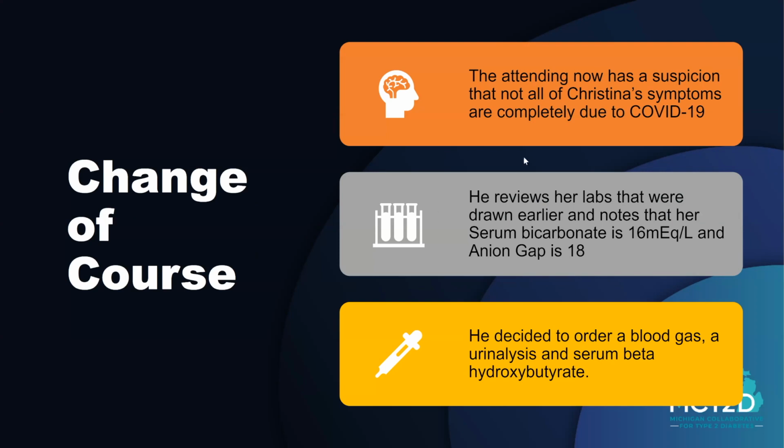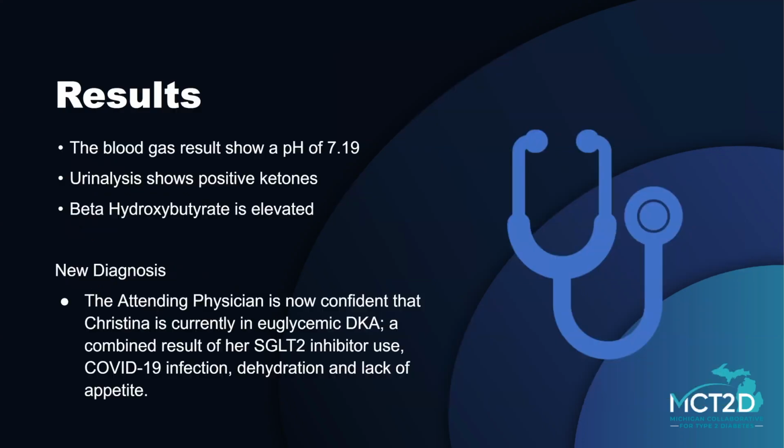So the attending now has a suspicion that not all of Christina's symptoms are due simply to COVID-19. He reviews her labs and remarks about the bicarb and the anion gap, and realizes she may have an acidosis, a metabolic acidosis. So he decides to order a blood gas and a urinalysis and a serum beta hydroxybutyrate to confirm his suspicions.